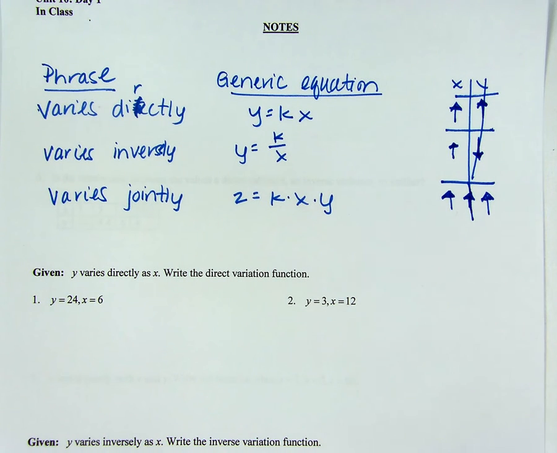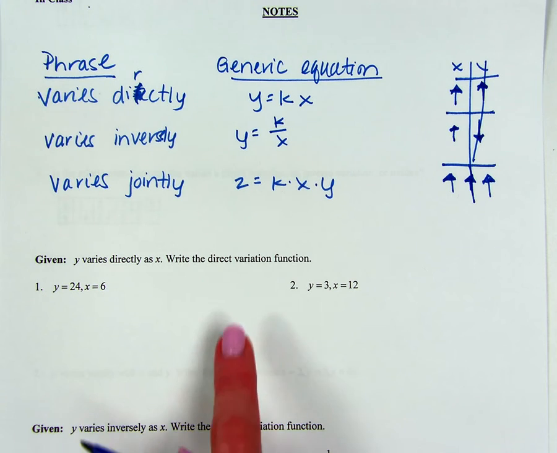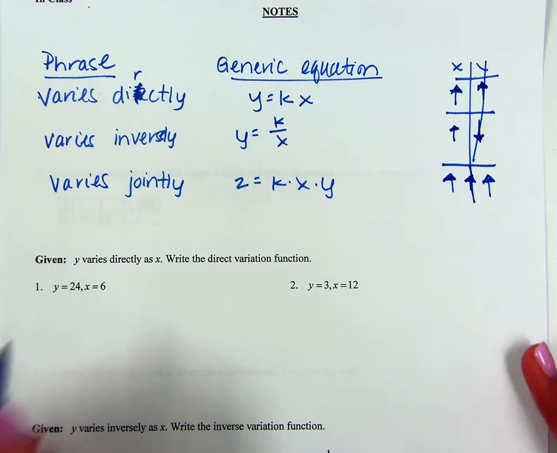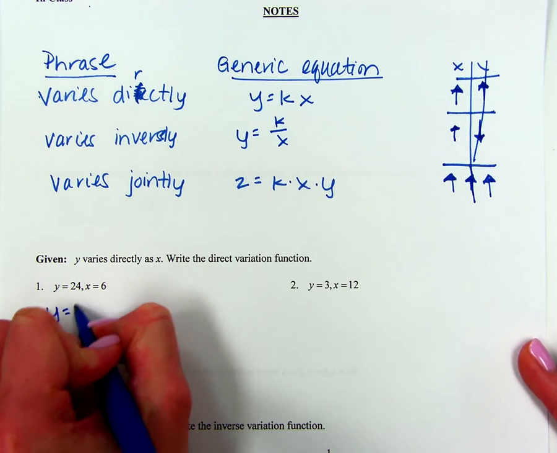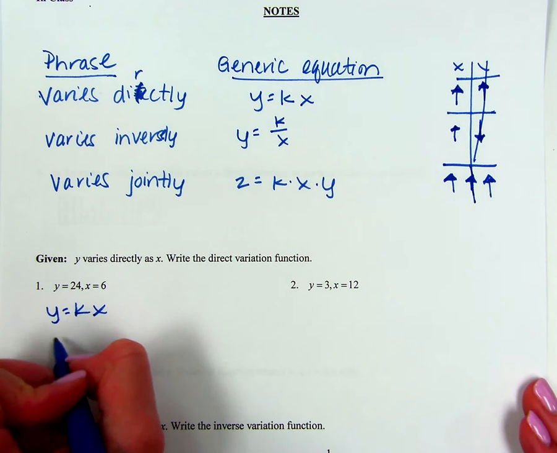So let's look at our sample problem for number 1. The information given states y varies directly as x. Write the direct variation function. You look at your notes up above. If we have a direct variation function, we're going to do y equals k times x. From here, all we're going to do is substitute in our values.